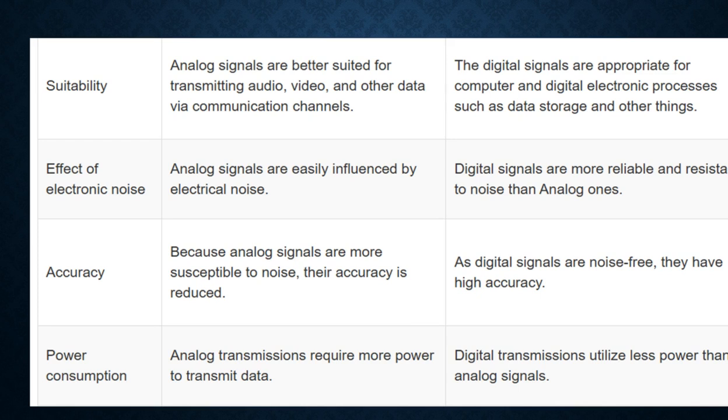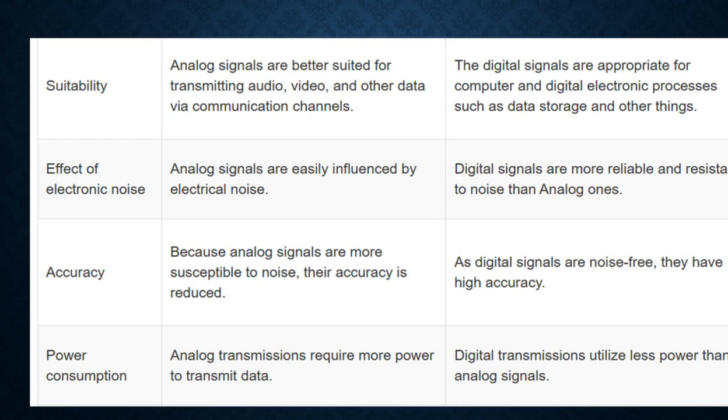Accuracy: because analog signals are more susceptible to noise, their accuracy is reduced, because continuous signals are going on. As digital signals are noise free, they have high accuracy.